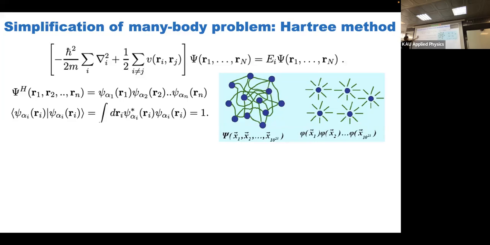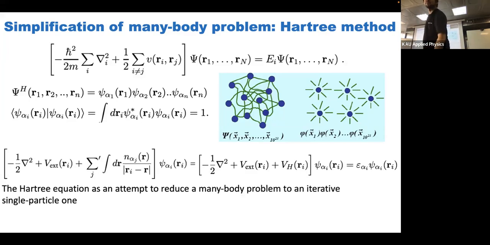So we take this wave function, we split it into small independent wave functions psi alpha, and then we apply some rule that they should be orthogonal, and by doing some magic, we get this Hartree equation. So it's a one particle Schrödinger equation, and we can solve it in an iterative way.